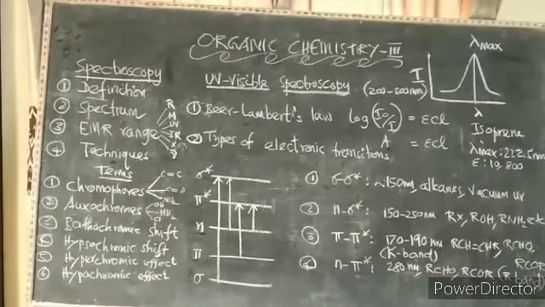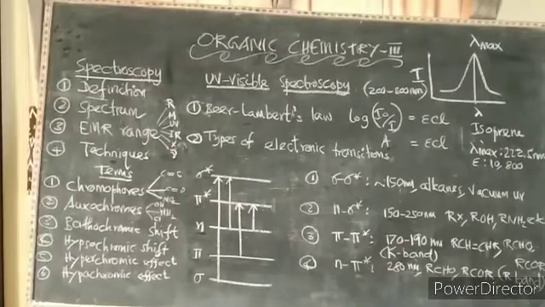And then hyperchromic effect: when absorption intensity is increased, that is, increased absorbance or increased absorptivity. In hypochromic effect, the absorption intensity is decreased, that is, there is a decrease in the absorbance or absorptivity.